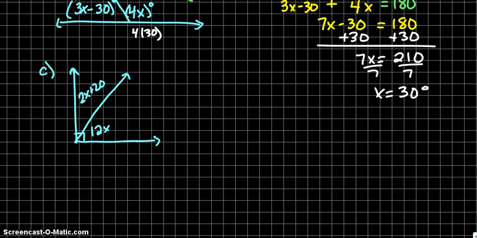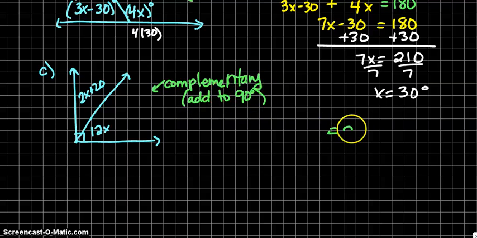All right, so this time, these are not vertical angles. They're not supplementary. These are complementary because they add to be 90. So complementary, first step, figure out what type of angle pair you've got. They're complementary, so they add to 90. I am going to set it equal to 90, and then I'm going to add together my two angles.